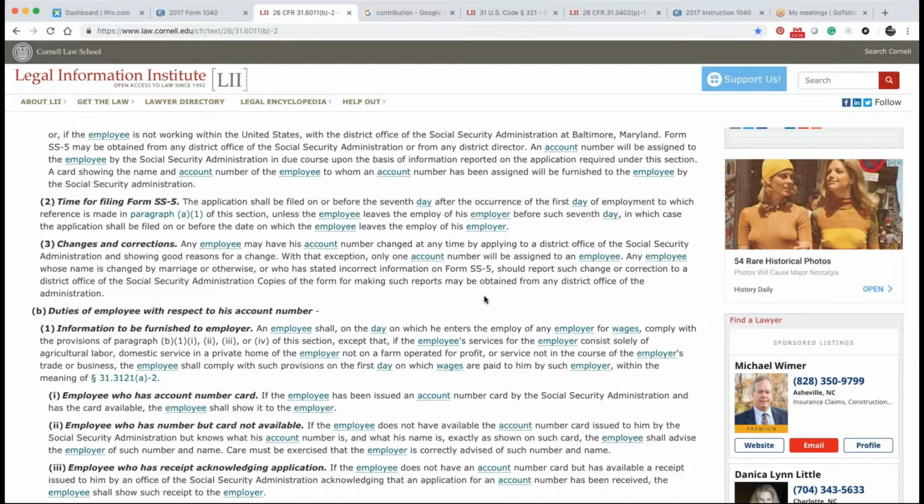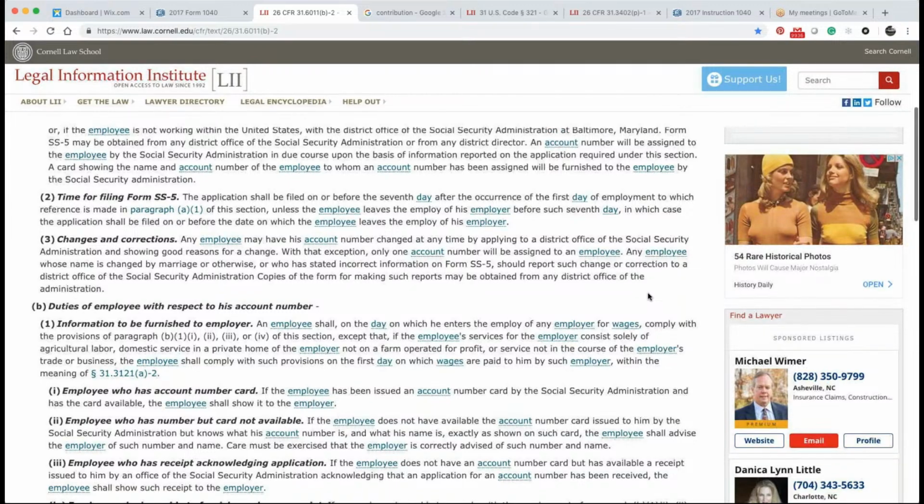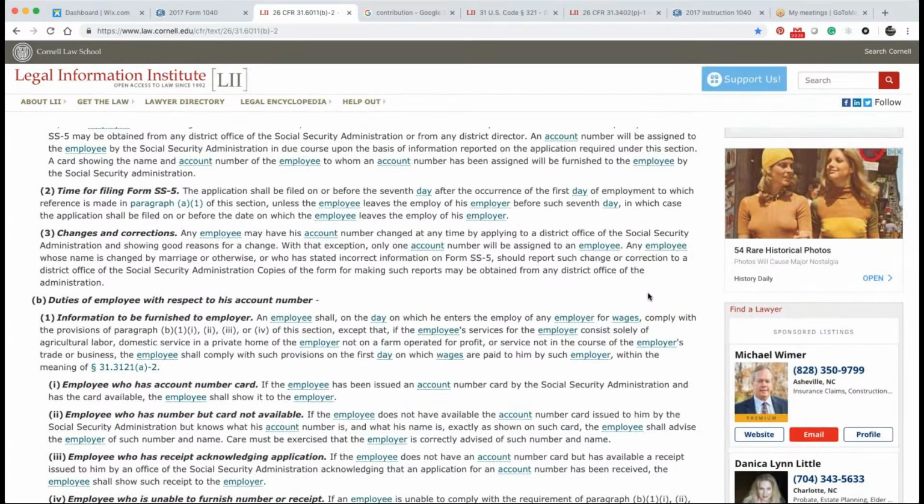Any employee whose name is changed by marriage or otherwise, or who has stated incorrect information on Form SS5 should report such change or correction to a district office of the Social Security Administration. Copies of the form for making such reports may be obtained from any district office of the administration. So, we have been misled.